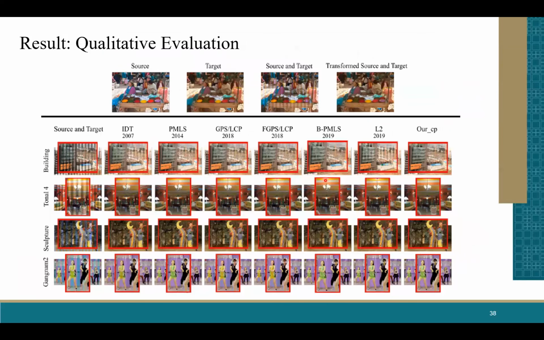In terms of visual evaluation, we provide this figure here. For clarity, the results shown here are presented as image mosaics. For example, I have the source image and the target image, and I create this mosaic by switching between the target and the transformed source, the output of the algorithm, column-wise.